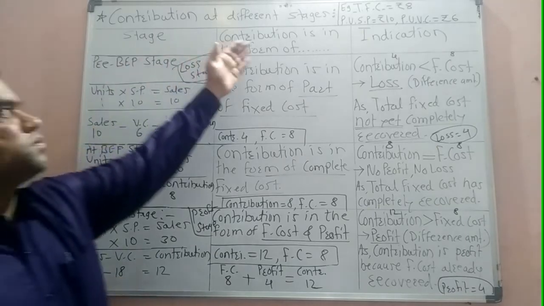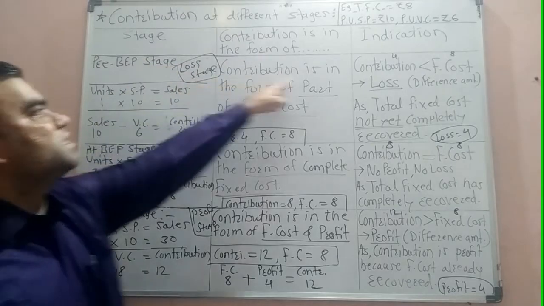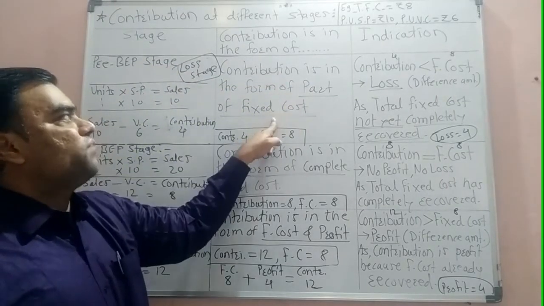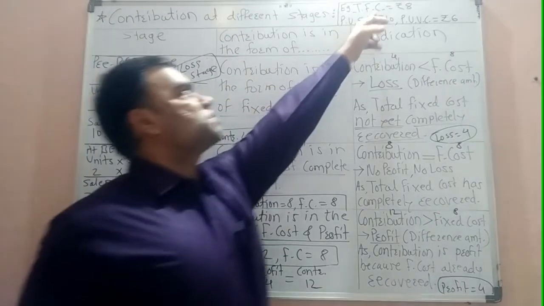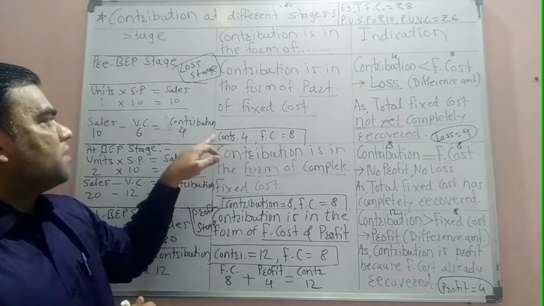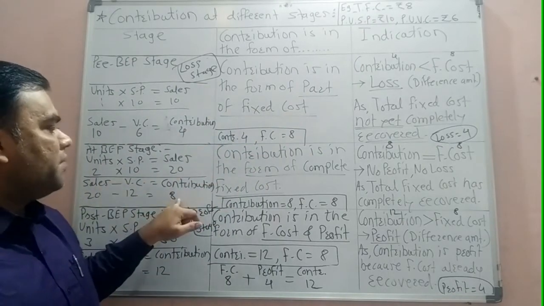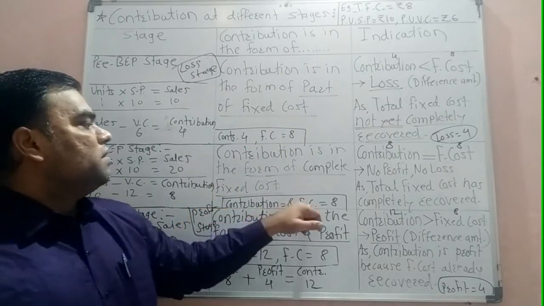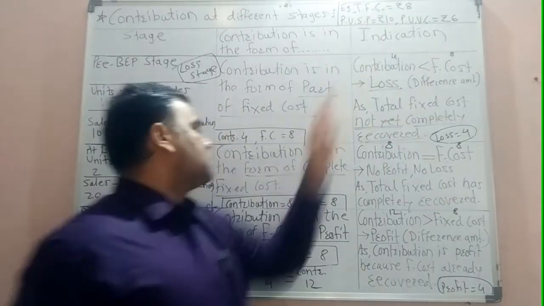And how does the form of contribution change? At pre-BEP stage, contribution is in the form of part of fixed cost. The contribution was recovering some part of fixed cost. Total fixed cost was 8. Out of that, 50% was recovered. Then when we sold 2 units, contribution became 8 rupees, utilized to recover complete fixed cost, which is rupees 8.